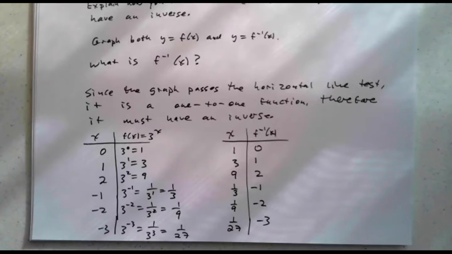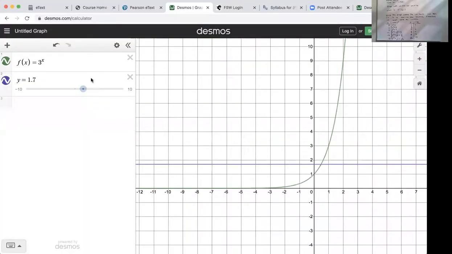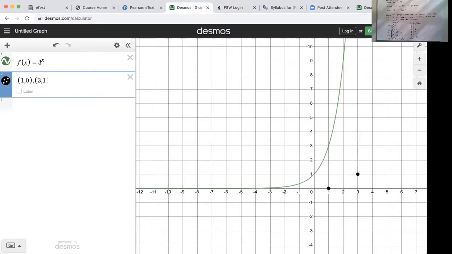so we can see the function of f of x and the function of f inverse of x. So again, those points are 1, 0, 3, 1, 9, 2, 1/3, negative 1, 1/9, negative 2, and 1/27, negative 3.